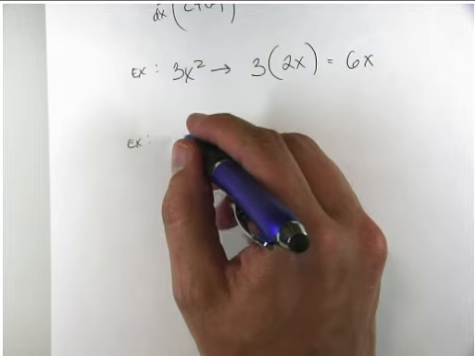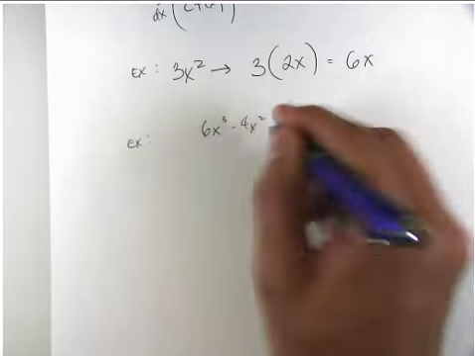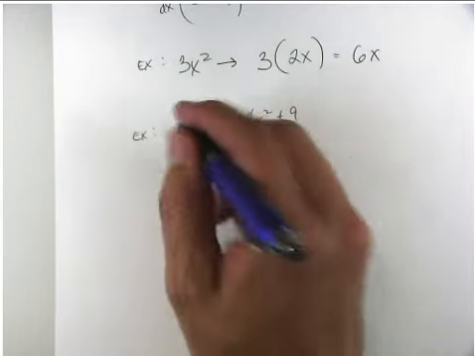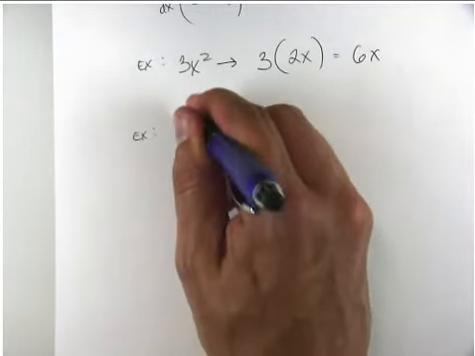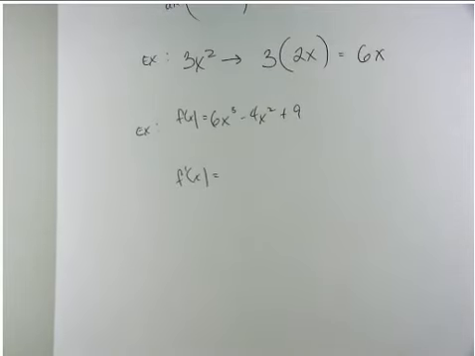Let's look at something like 6x cubed minus 4x squared plus 9. So f of x is 6x to the third power minus 4x to the second power plus 9.